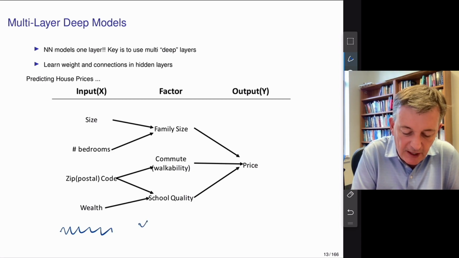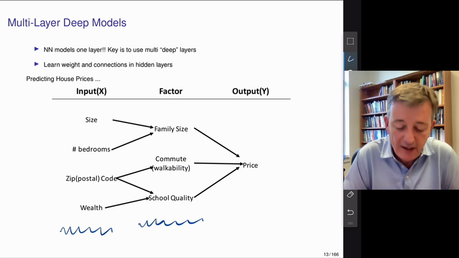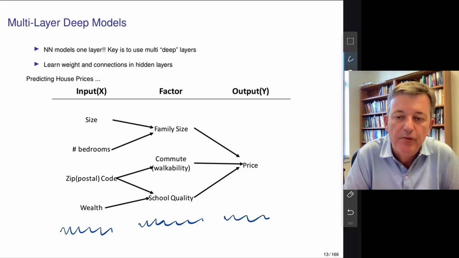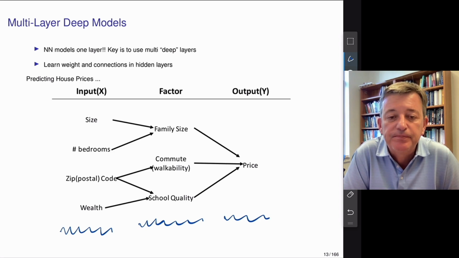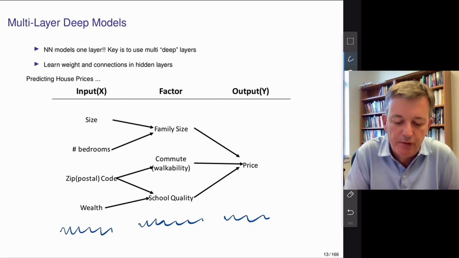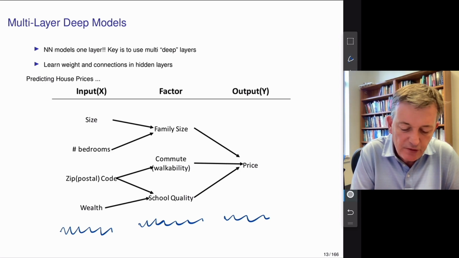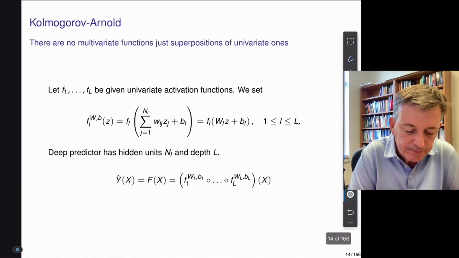There'd be some hidden layer of factors to learn from that, and from that, there'd be some price to calculate at the end of the day. You could have multiple layers inside here, and the algorithm would figure out how to weight these things correctly. So what exactly is the value of school quality for a certain zip code, for example? So you get the idea of input, what I'm going to call a hidden layer, and output Y.